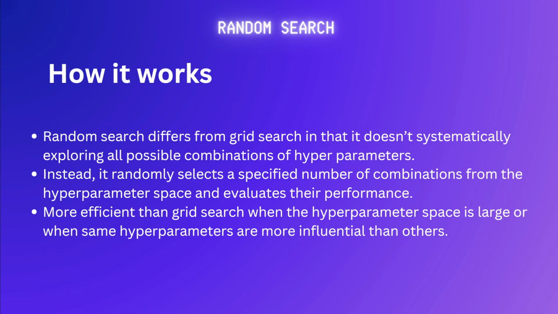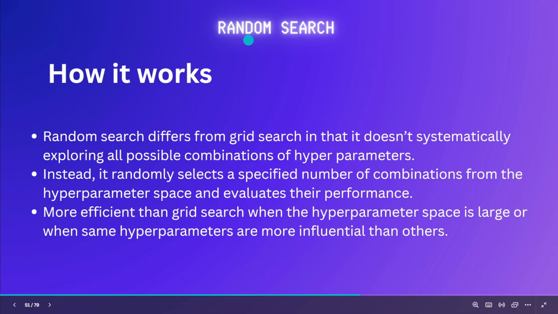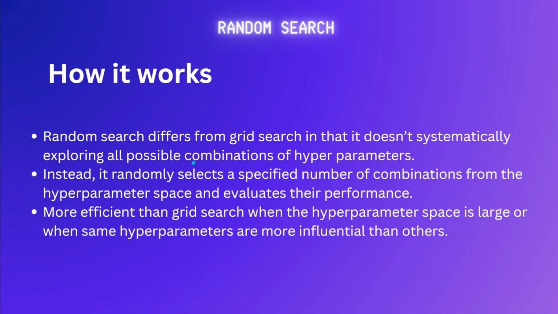Random search differs from grid search in that it doesn't explore all the possible combinations, but randomly chooses a specified number of combinations from the hyperparameter space and then evaluates their performance. Random search is more efficient than grid search when the hyperparameter space is large or when some parameters are more influential than others.